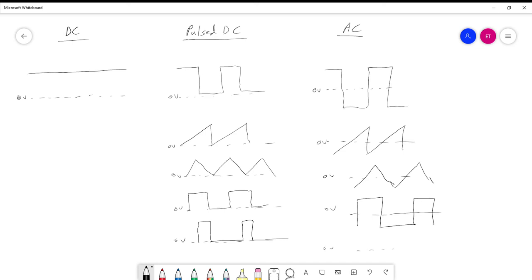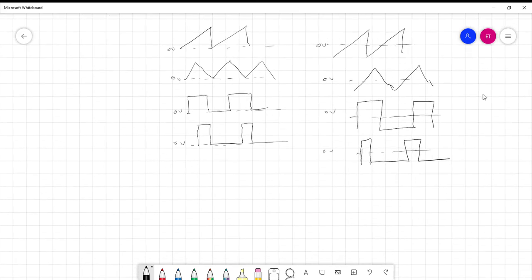So, just to finish out our examples. And actually, I'll get a little more room because I have more wave shapes to show. All right. Let me scoot up a little bit.